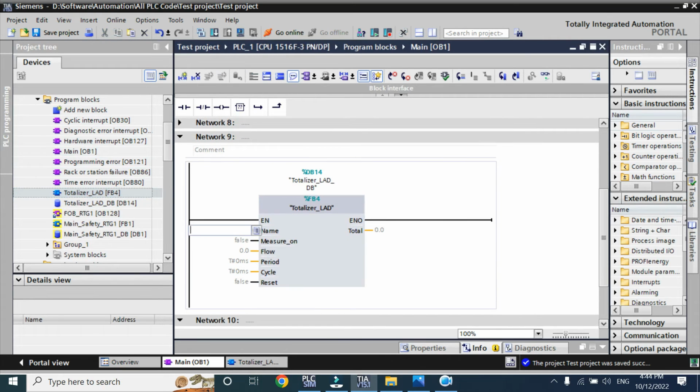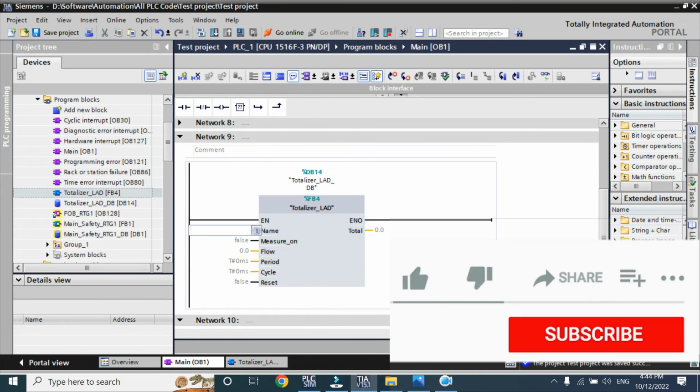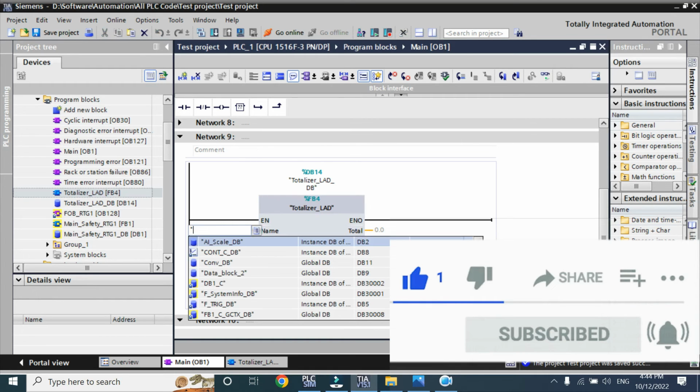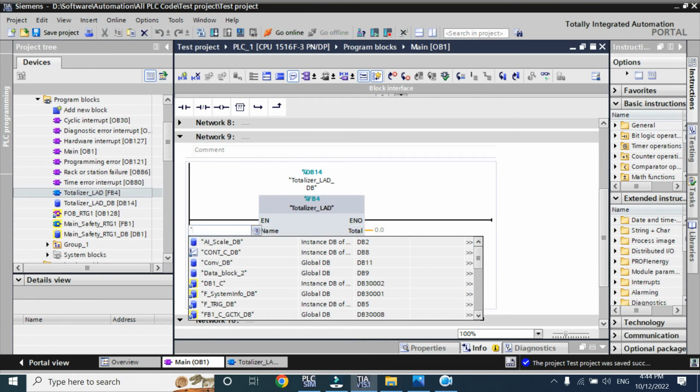Here we'll give just a name for the input. If it is in a string, you have to give inverted commas: input flow total.